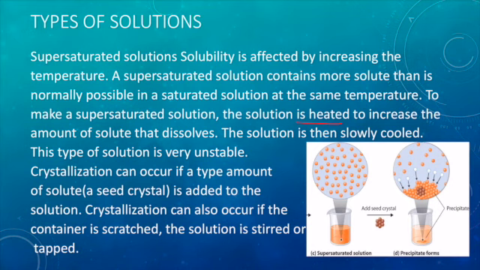This type of solution is very unstable. Crystallization can occur if a small amount of solute is added to the solution. It can also occur if the container is scratched or the solution is stirred or tapped. So these are very, very unstable.